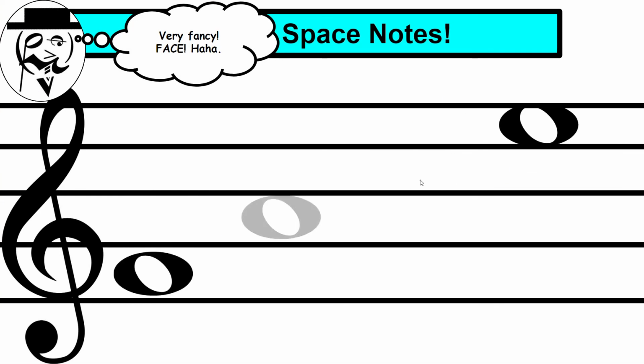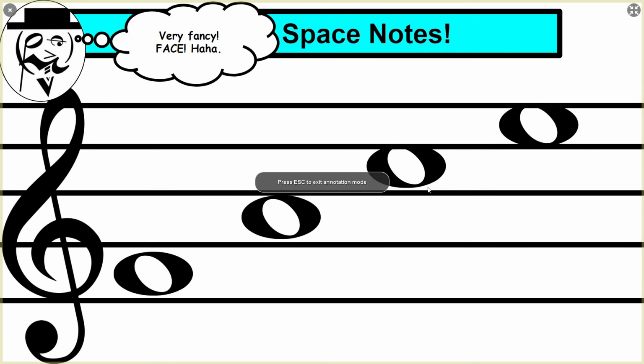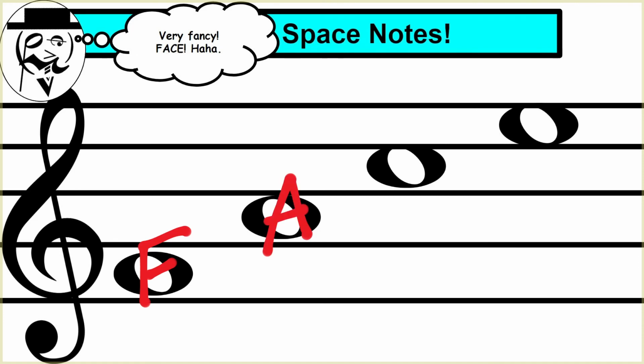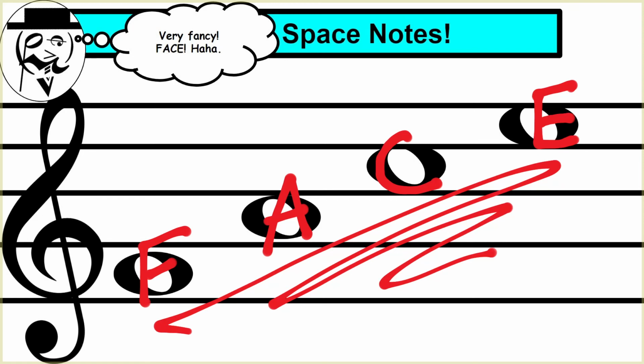It's a little out of order, Mr. Music, but I think we can still do it. So my first space is F. Our second space is A. Our third space is C. And our fourth space is E. And that spells face. All right.